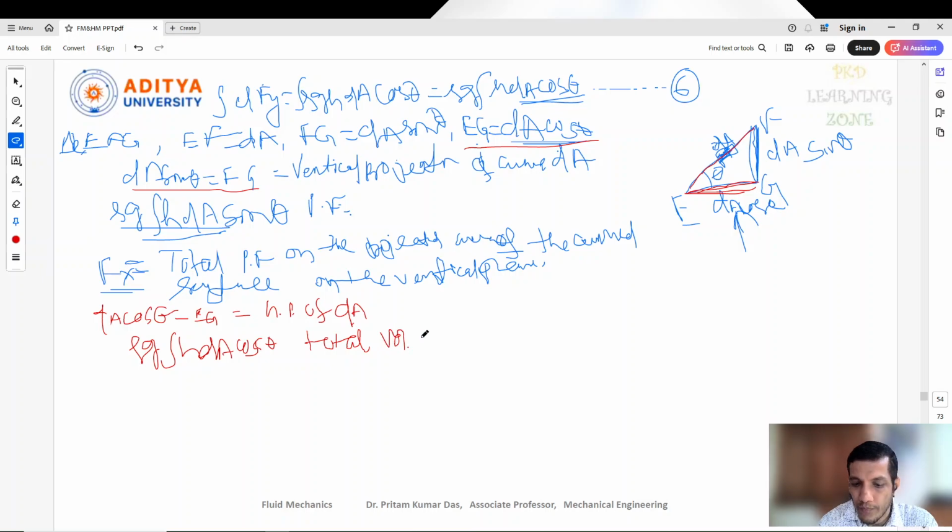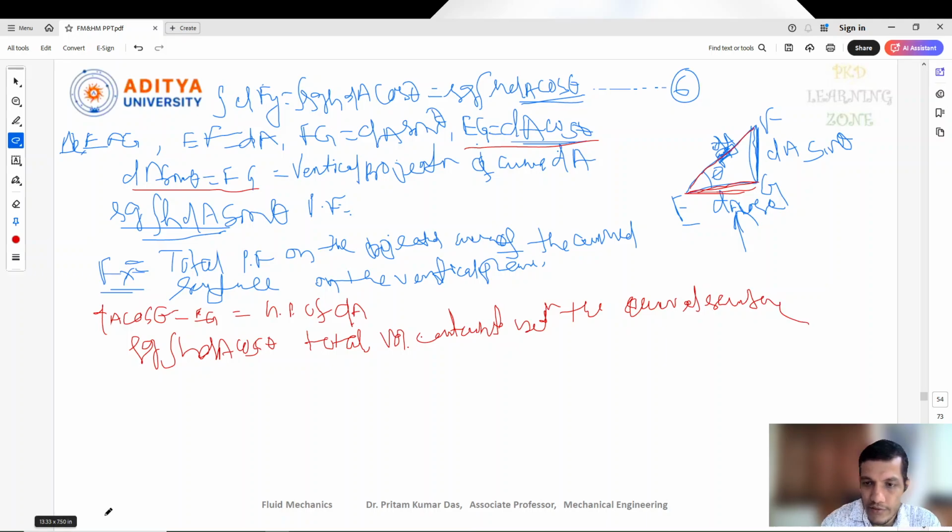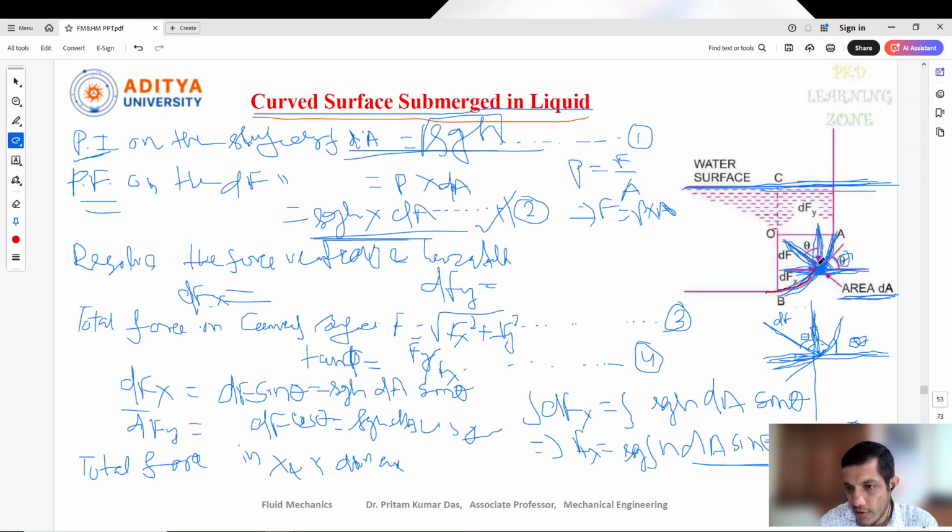This is the total volume contained between the curved surface and the free surface, extended up to the free surface.